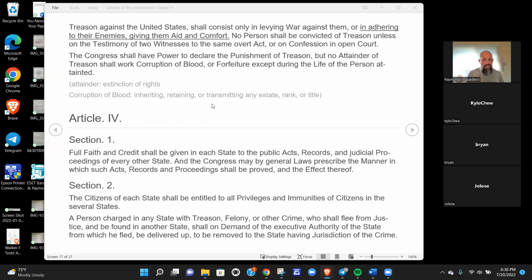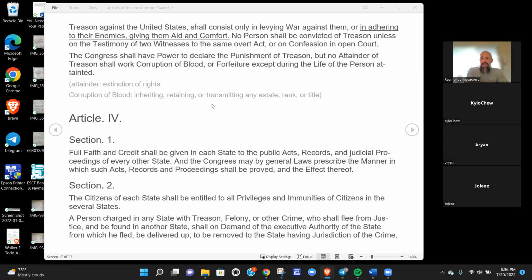Section 2. The citizens of each state shall be entitled to all privileges and immunities of citizens in the several states. I think Article 4 is really defining and addressing the rights and privileges of the states. That's why we can record our statements and our affidavits in other states and they're still effective. Yeah, that makes sense.